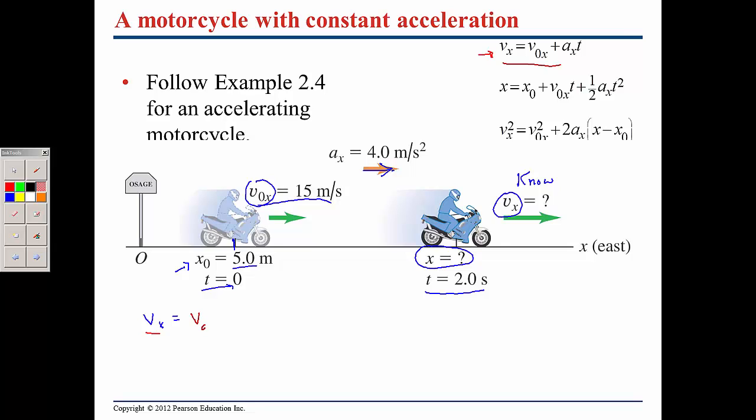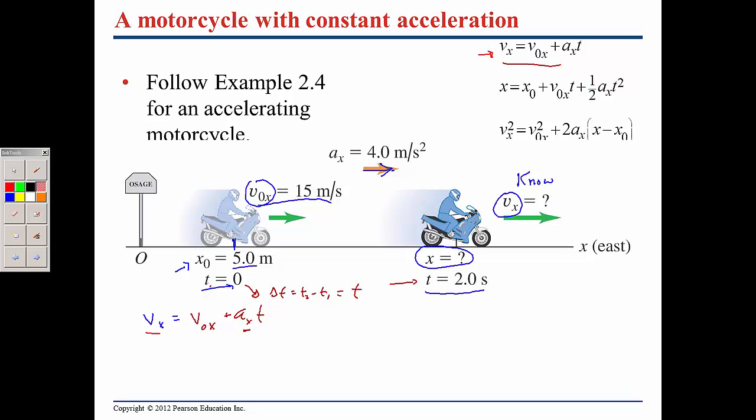So if I write that as v0x plus axt, and you say, okay, well I know t, this would actually be delta t, or t2 minus t1. Since t1 is equal to 0, delta t is actually equal to t, which is 2 seconds.